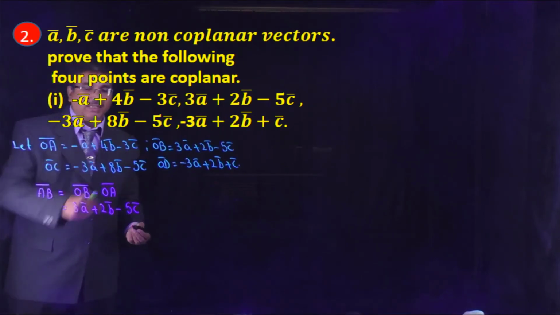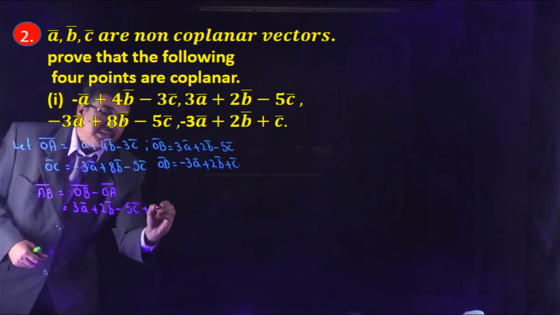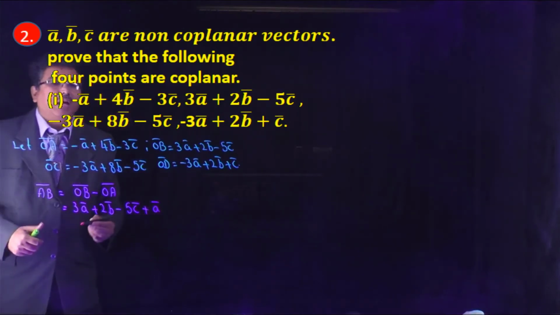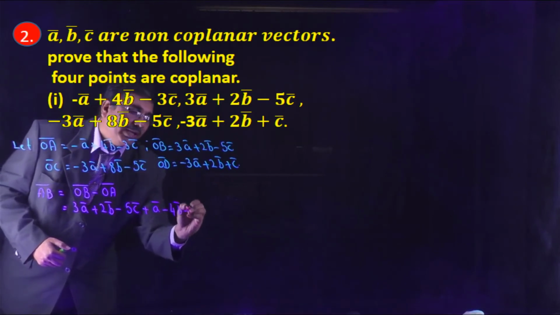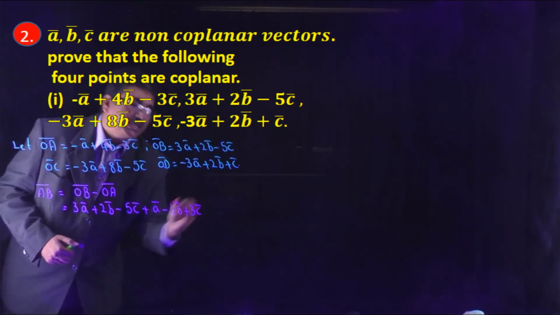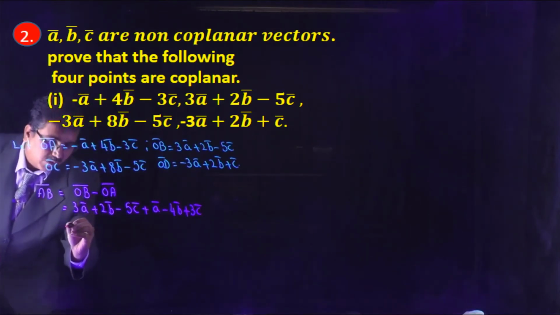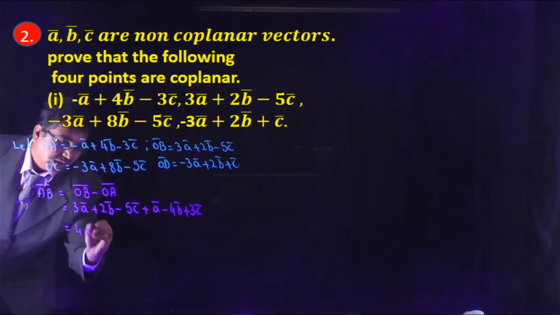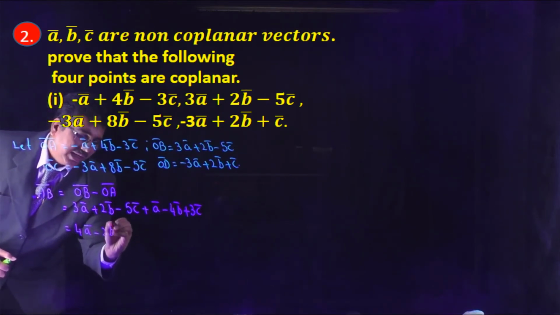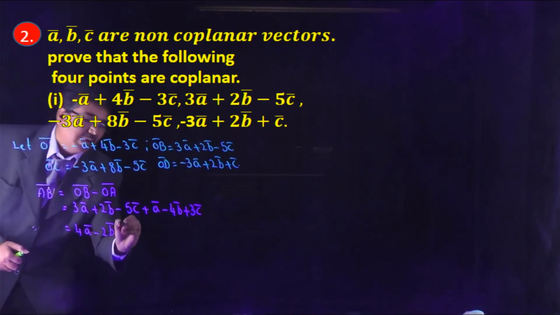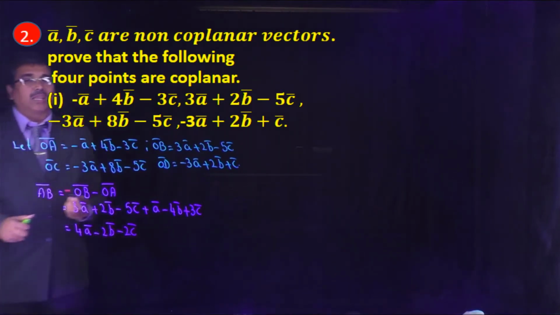Directly I write minus OA bar means plus A bar minus 4B bar plus 3C bar, right? That is equal to 4A bar minus 2B bar minus 2C bar, that is AB bar.